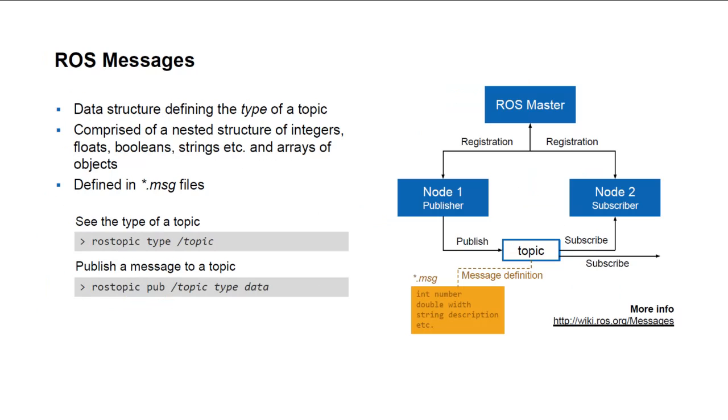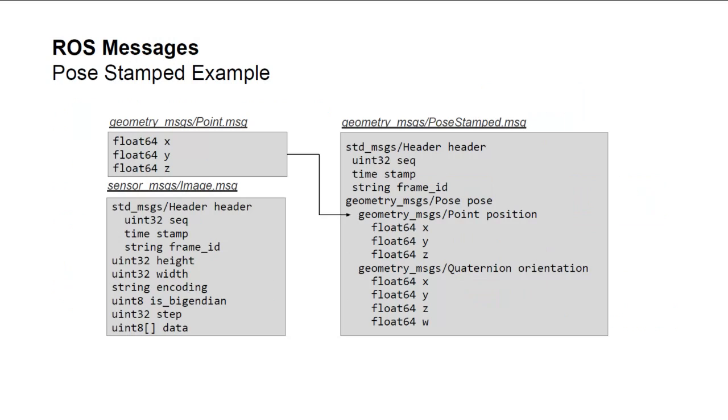Also, next one, messages. You can write any message by next Monday. We have two commands here: rostopic type followed by the topic, and rostopic publish followed by the topic, type, and data. So now we have eight commands.